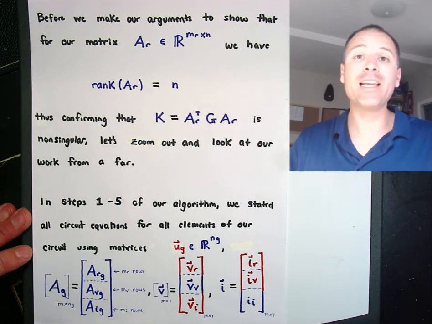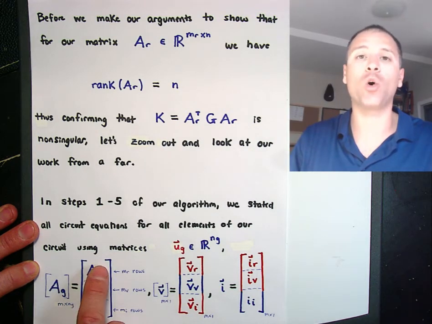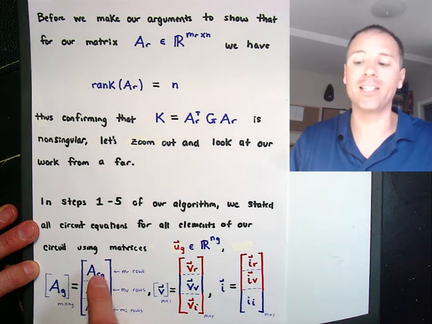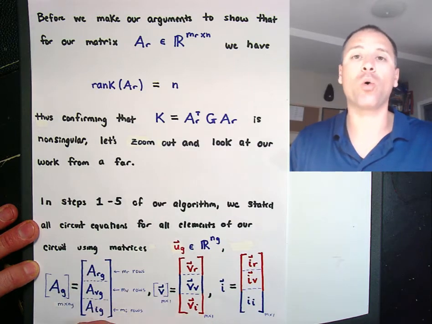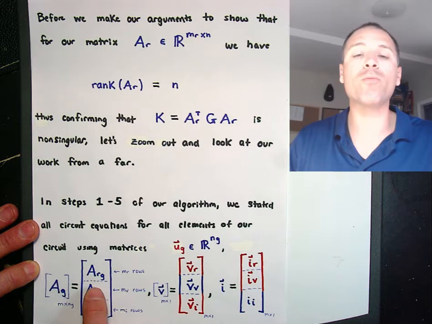In steps 3 and 4, we set up our entire incidence matrix A sub G, where the columns of A sub G correlated with the nodes of our circuit, the edges of A sub G correlated with the elements in our graph, and then we also enumerated edges so that we can partition this matrix based on element type.